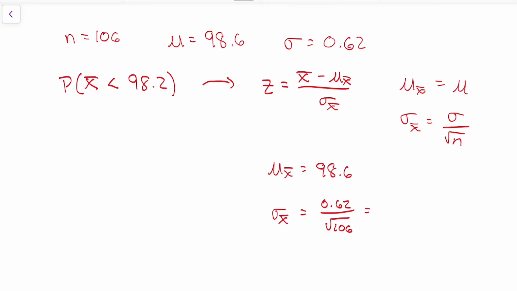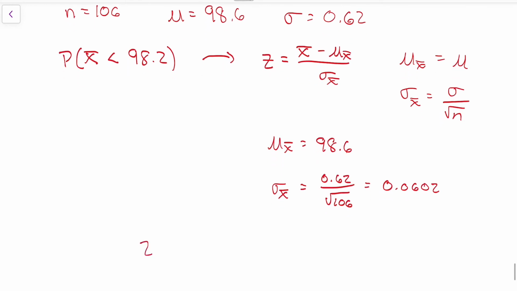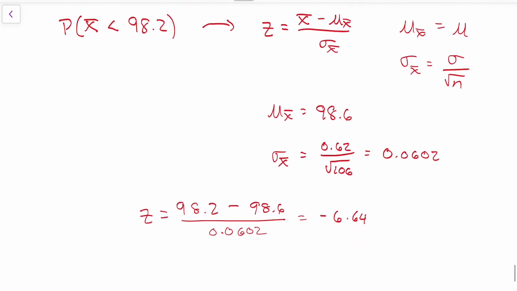And if I do this and keep a certain level of digits rounded, I'm going to get 0.0602. So I can compute the z-score. 98.2 minus 98.6 divided by my new standard deviation will give me a value of negative 6.64, rounding to 2 decimal places.